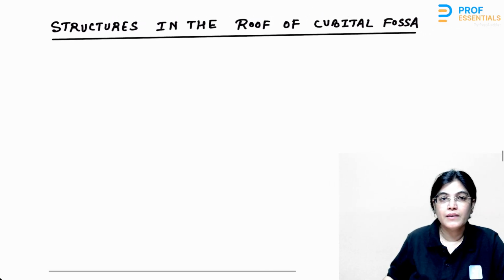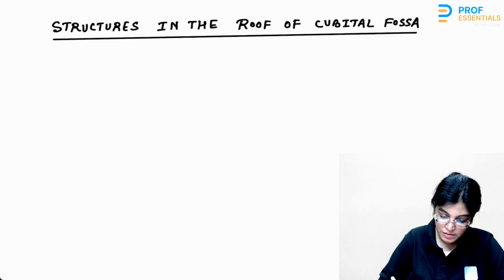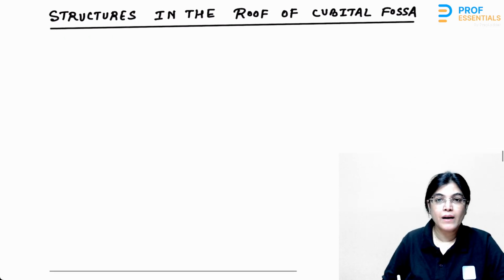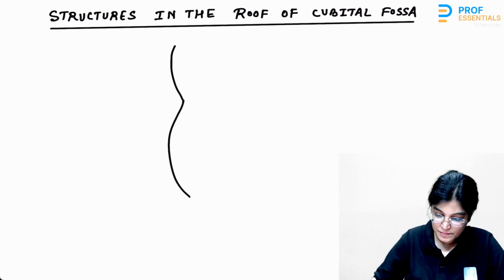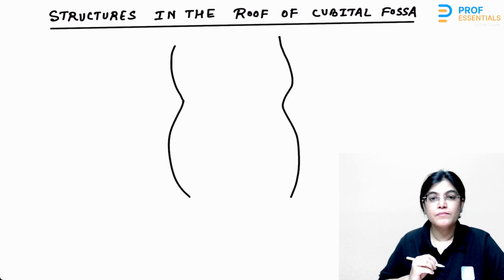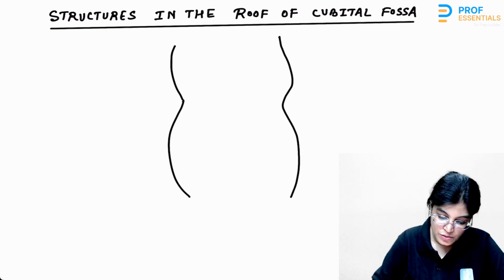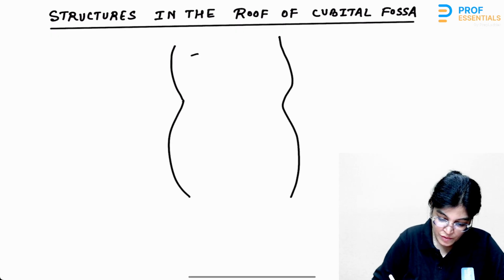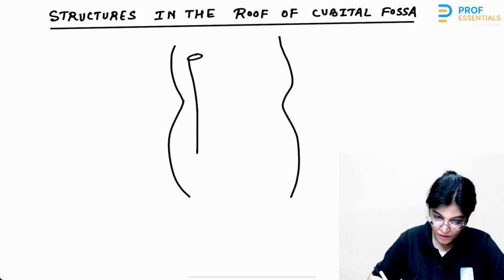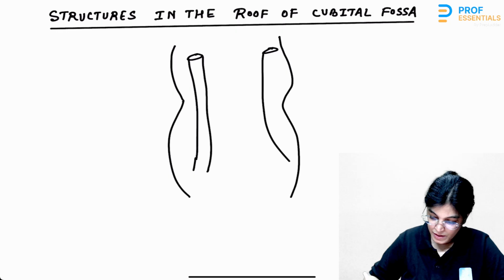Got it? Now again, I will make an outline of the arm. Then I will make two veins medially and laterally. So there should be a lumen. So one vein on the lateral aspect, one vein on the medial aspect, going like this.